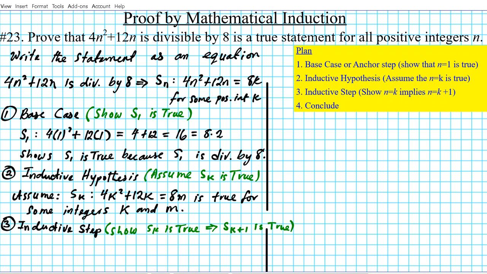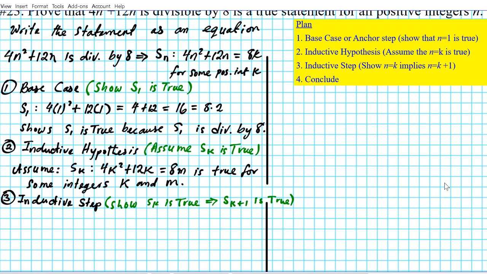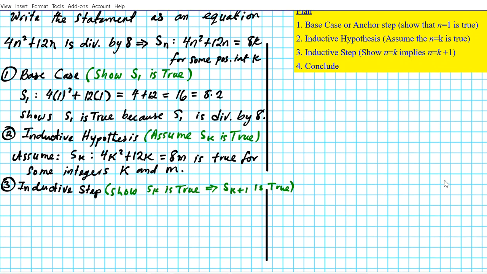Okay, so now what we're going to do is start with our S sub k plus 1 statement, simplify it as much as we can, and then use some substitutions with our inductive hypothesis to show that S sub k plus 1, the inductive step, is also true.